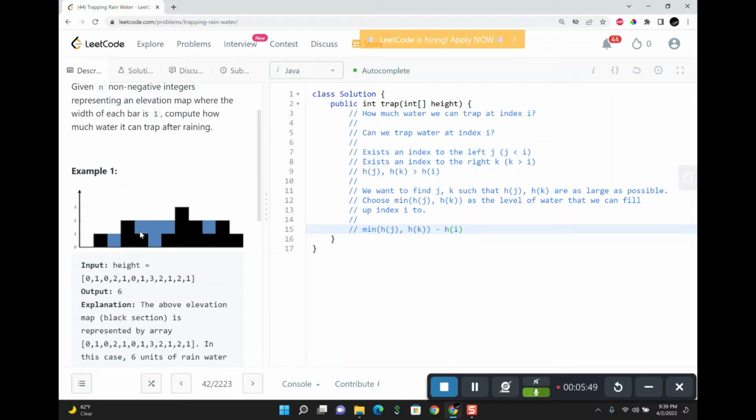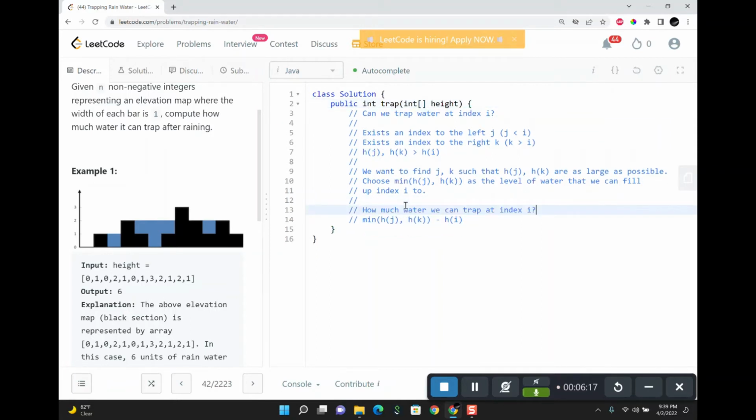Well, we can fill up water all the way up to 2, which is derived from the minimum of h of j and h of k. But we also have to subtract the height at index I, because we can't fill up water in the units that are already occupied by the elevation at index I. So this expression is going to answer the question, how much water can we trap at index I?